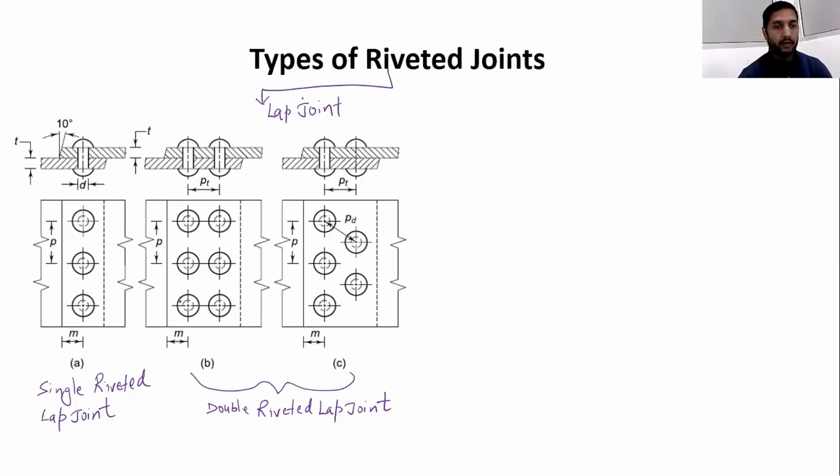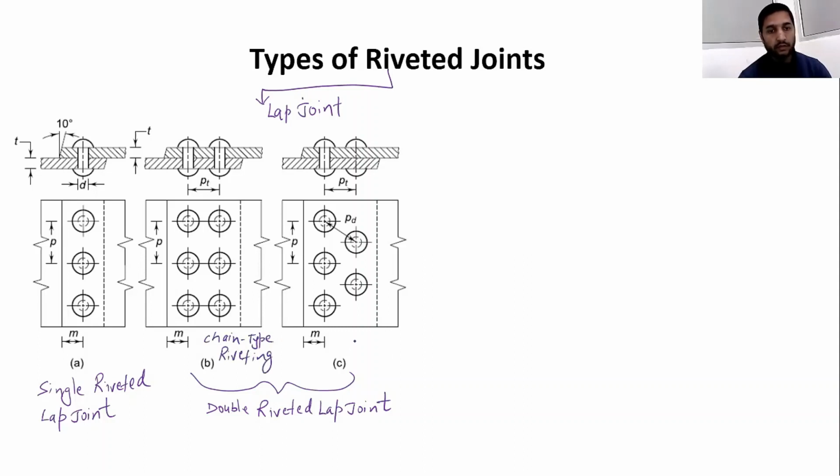Chain type riveting is that type of riveting where the rows are placed in such a way that the rivets of one row are exactly opposite to those of the other row. And figure C shows a zigzag pattern. In zigzag pattern, the rivet is placed in between the centers of two rivets of the adjacent row. So figure B we can say is chain type riveting.